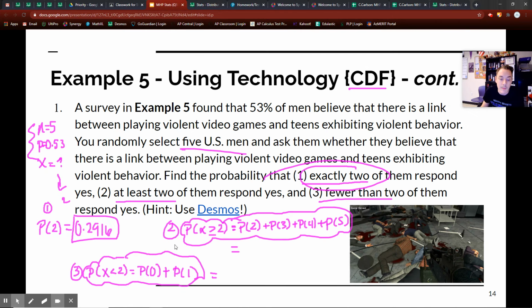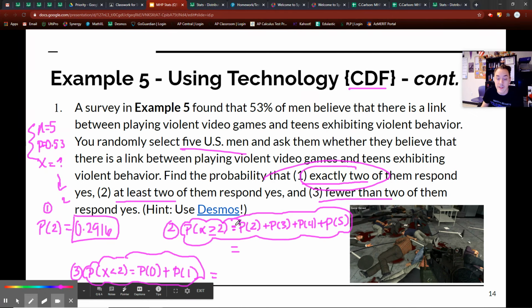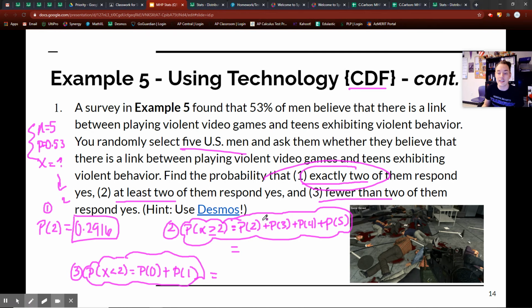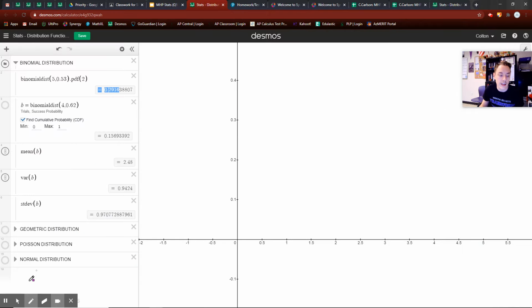Awesome. Now, my second one is going to be the probability of at least 2. So that's 2, 3, 4, 5. So what's my max? 5. What's my min? It's going to be 2. So that means I need to change these as well to 5, and this to 5.3.